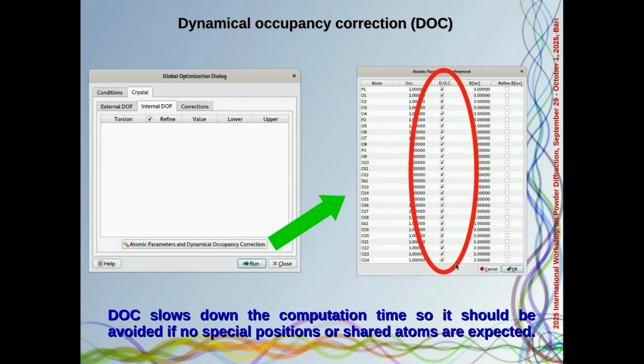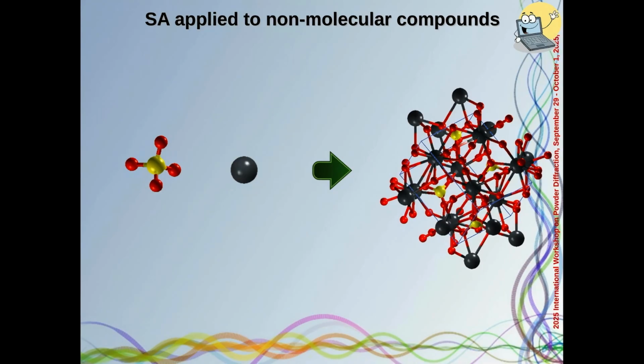You can also access the dynamical occupancy correction from the graphical interface. Remember that the dynamical occupancy correction slows down the computation, so it should be avoided if you don't expect to have special positions. For example, if you are solving an organic molecule in a monoclinic space group, you don't expect to have atoms on special positions.